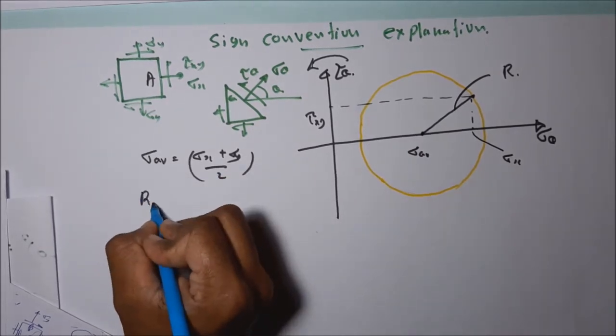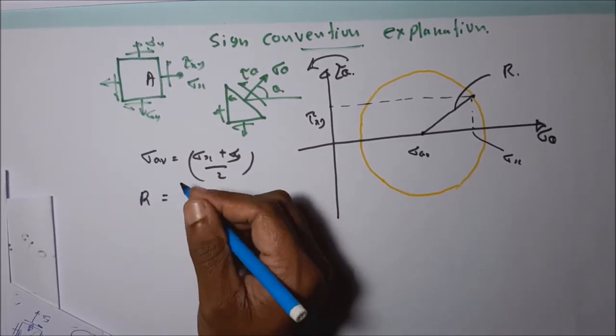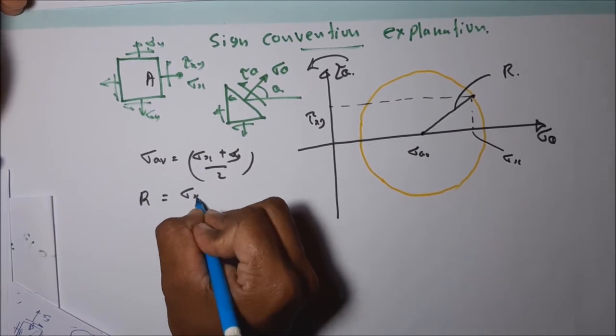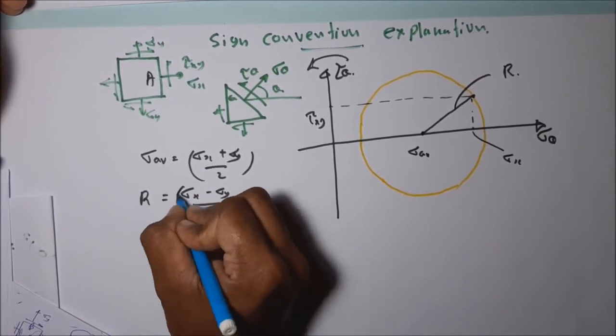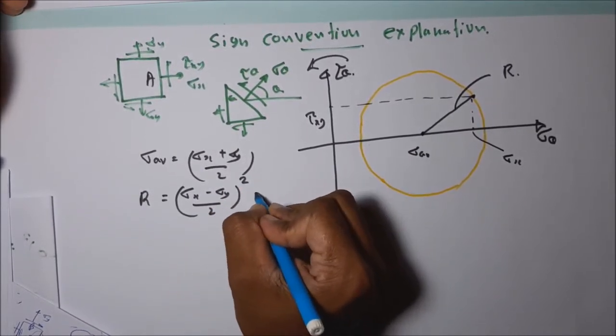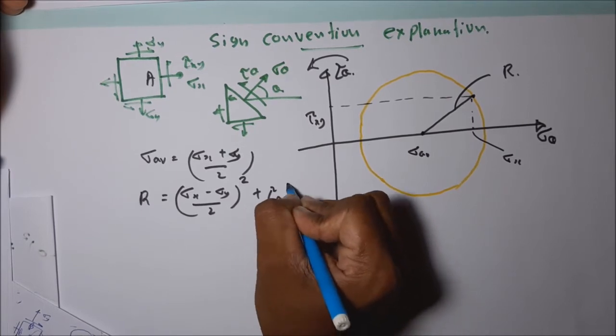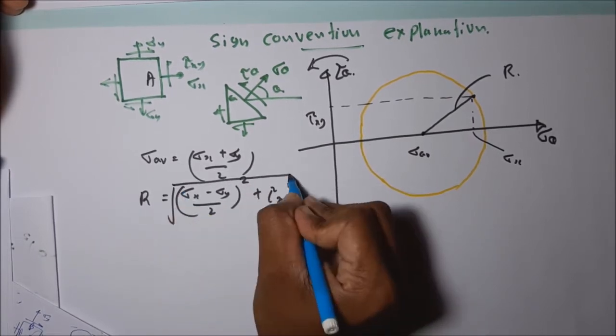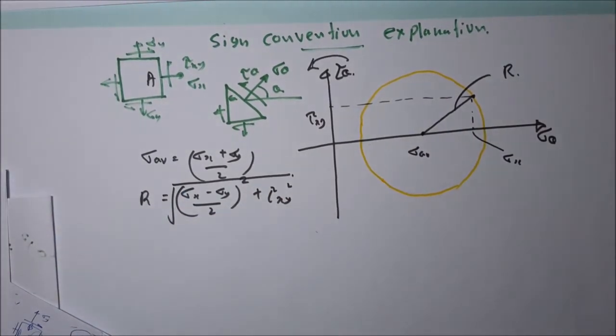Then what is r? r is equal to the square root of (sigma x minus sigma y divided by 2) squared plus tau xy squared. This is r. Then let's take this angle as beta.